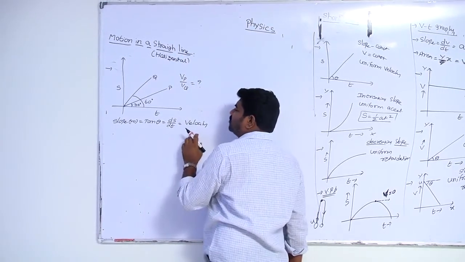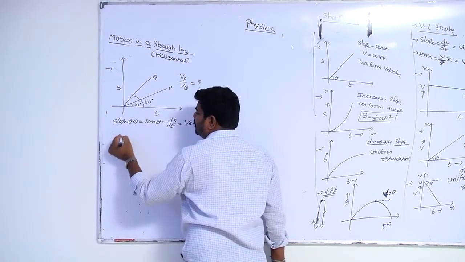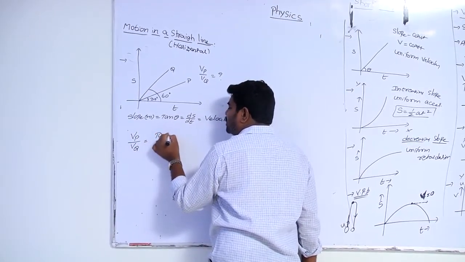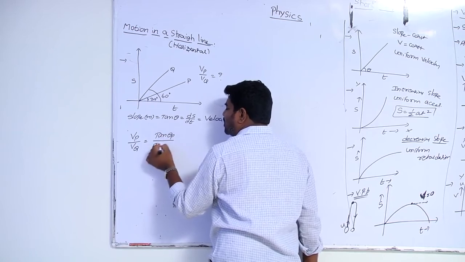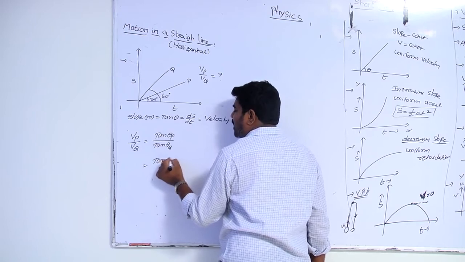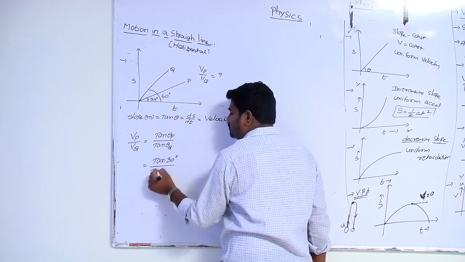Slope of the graph gives the velocity, so velocity of P by velocity of Q is equal to tan theta P by tan theta Q, so tan 30 by tan 60.